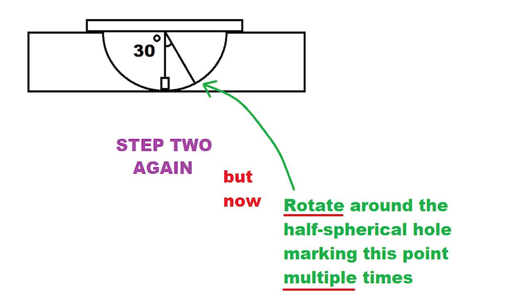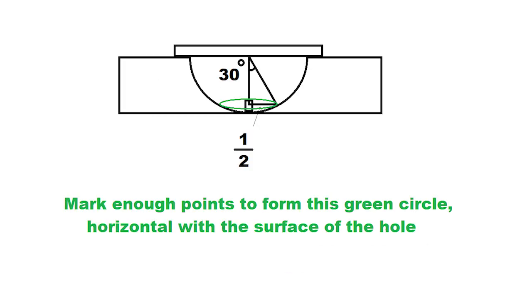Next, we'll go to step 2 again. But this time, we want to repeat step 2 many times, rotating slightly around the hole in each step and marking the 30-degree angle in several places, enough times to form a circle near the bottom of the hole, shown in green here.